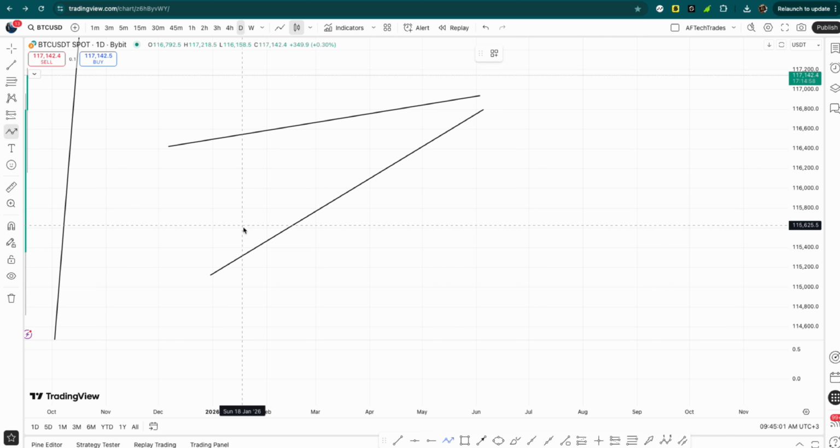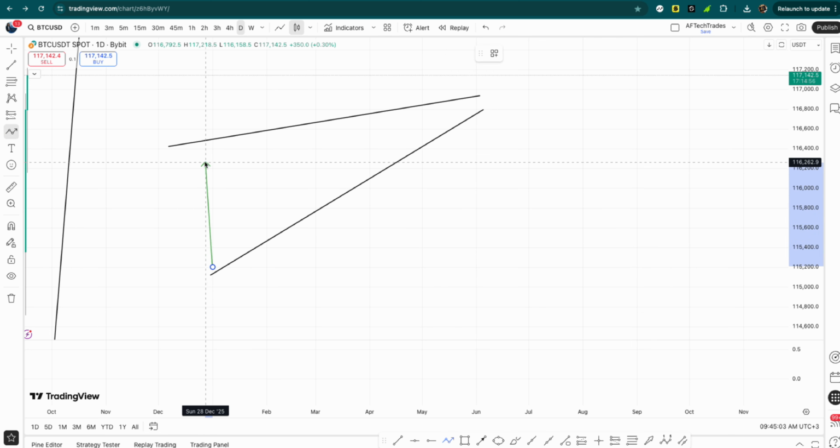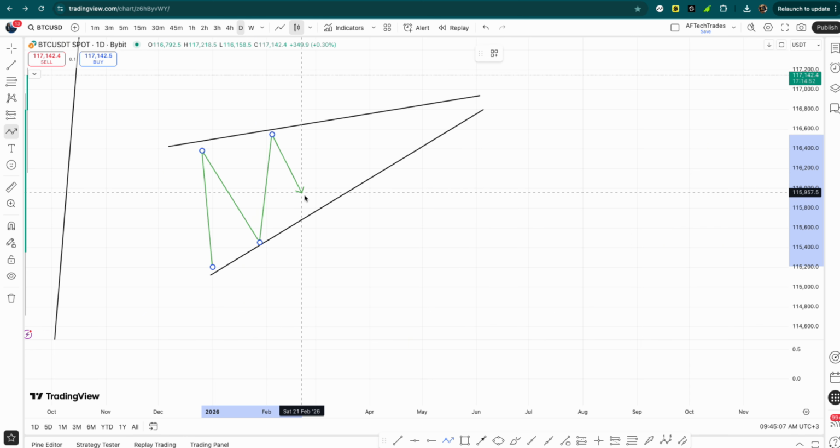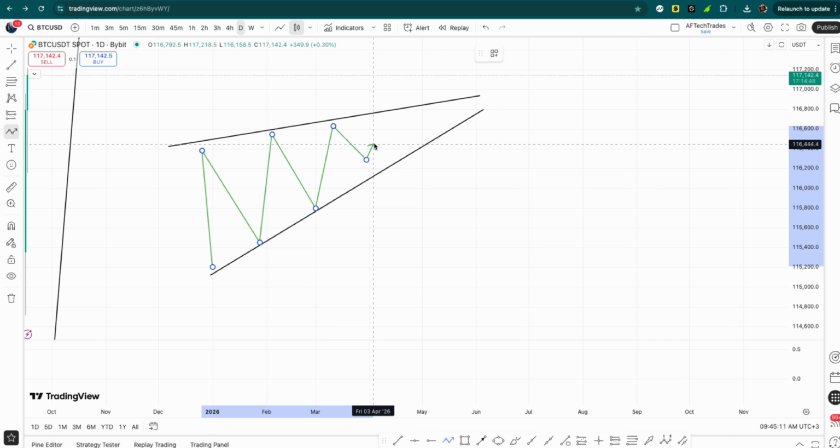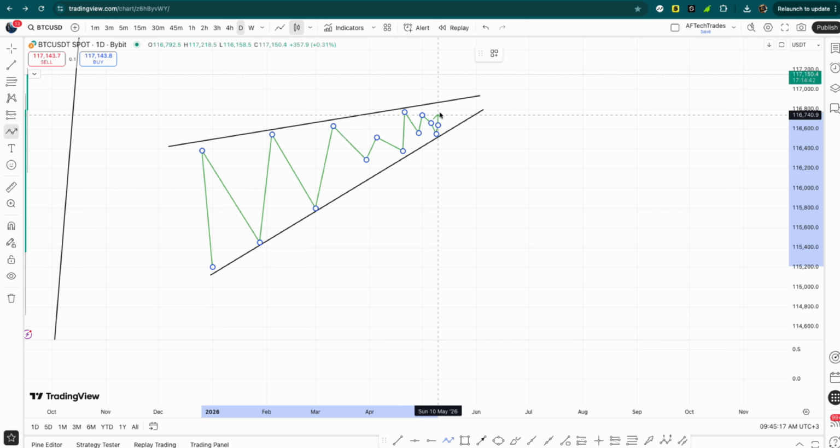Now, this is the market. The market will be consolidating around this wedge, depending. You see the markets moving in different directions just within this wedge.